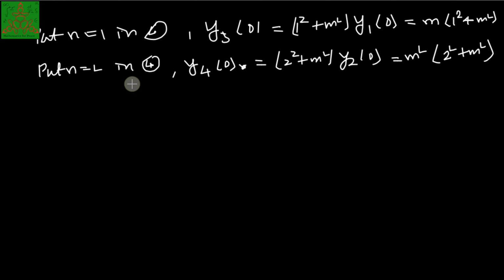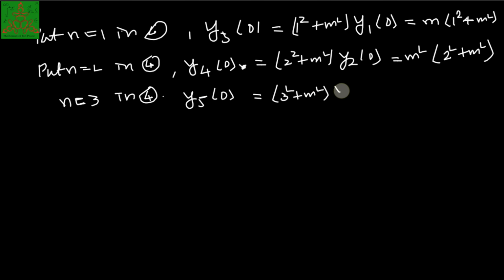And if I go further, if I put n equal to 3 in 4, then we'll have y5 at 0. y5 at 0 will give me 3 square plus m square, y3 at 0. But y3 is this, so it gives me m, 1 square plus m square, 3 square plus m square.